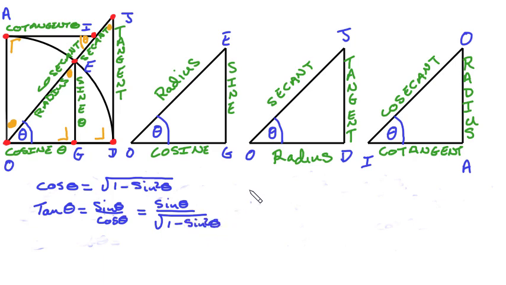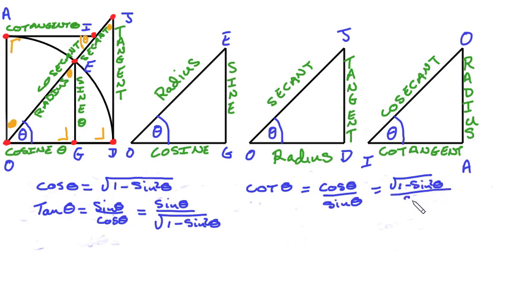We also know that the cotangent of theta is equal to cosine of theta divided by the sine of theta, which is equal to the square root of 1 minus sine squared theta divided by sine theta.